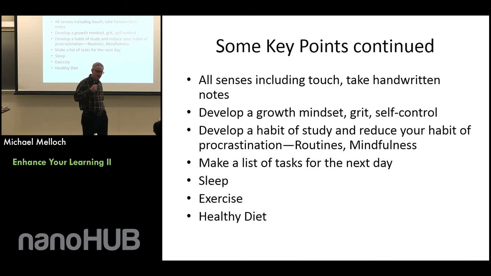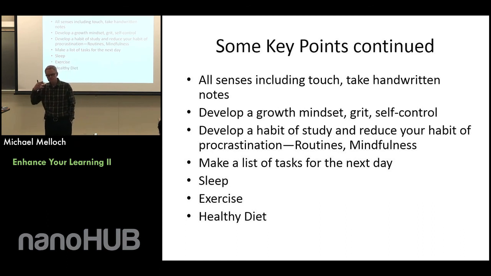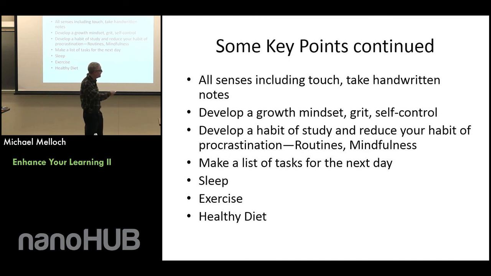You just have to discipline yourself to work at it. So you want to develop good study habits and reduce your habits of procrastination. So put in routines, do mindfulness meditation, make lists of things that you want to accomplish the next day so you have this commitment to doing something.